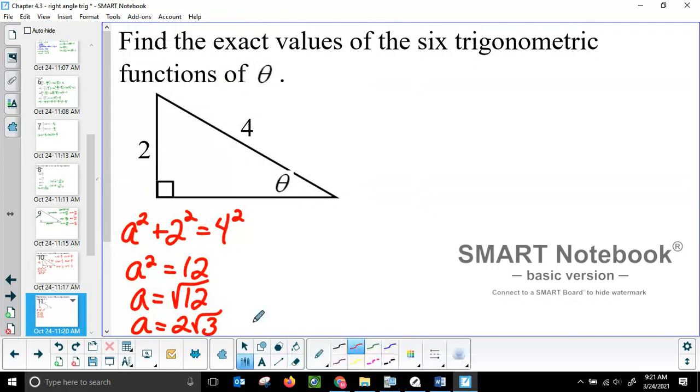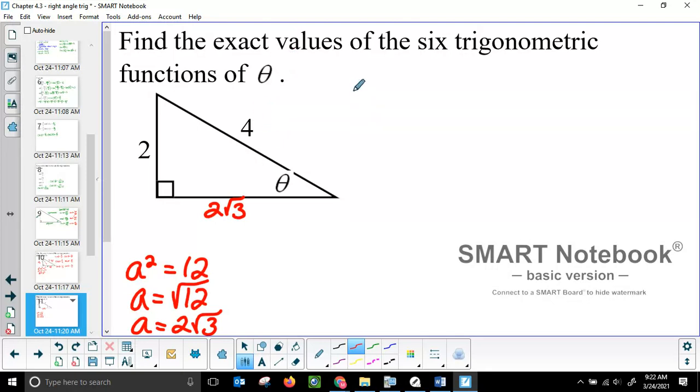Going back up here, we now know that this is 2 square roots of 3. All right, now do be mindful, our angle is over here this time. So 2 is my opposite, 2 square roots of 3 is my adjacent, and 4 is my hypotenuse.